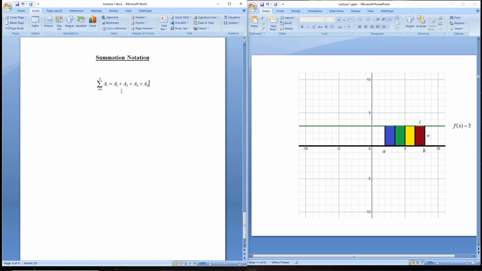Here's our expression again for our 4 rectangles, the blue, green, yellow, and red, A1, A2, A3, and A4. And here is the summation symbol that would express that, summation.